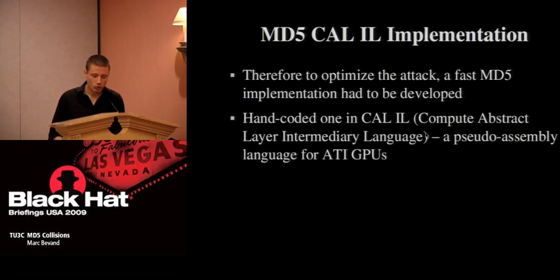And the reason I chose this very low-level language is because it's the only way for me to really be able to fully exploit the performance potential of GPUs. ATI has something slightly higher level called Brook Plus, which has a C-like syntax, but it doesn't really allow me to do everything that I needed to do.